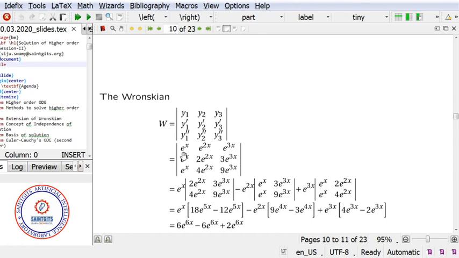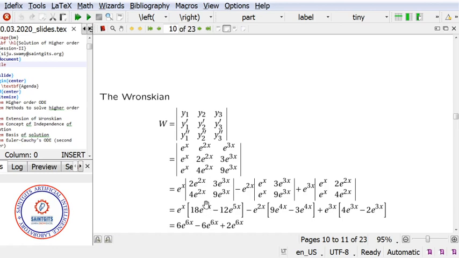So I take e raised to x into a sub-determinant obtained by deleting the column and row containing that e raised to x, minus second element into the sub-determinant obtained by deleting the column and row containing this e raised to 2x, plus the third one e raised to 3x into the submatrix which does not contain the row and column containing e raised to 3x, that means this small portion.